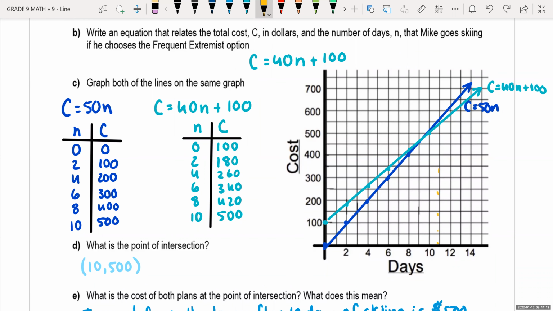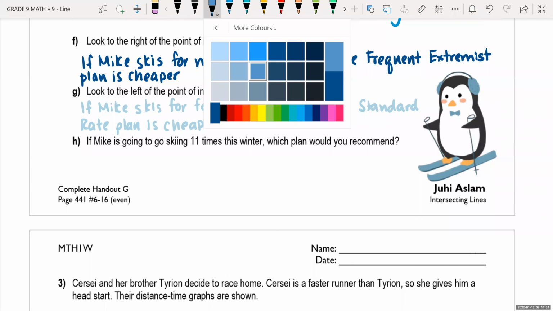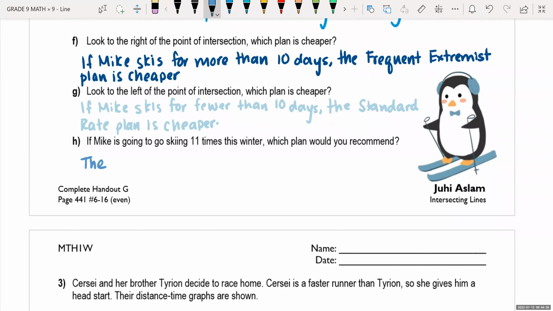Exactly, Aberami. So we're going to suggest that Mike chooses the frequent extremist plan. Yep, good job, Julia.